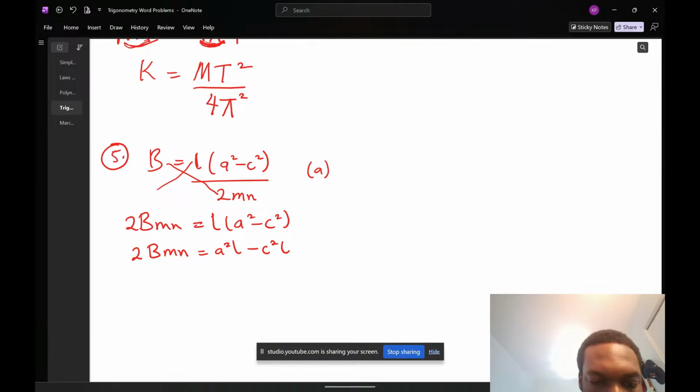Okay. So if we have A squared L minus C squared L, what we do is that we can take this one to the other side.